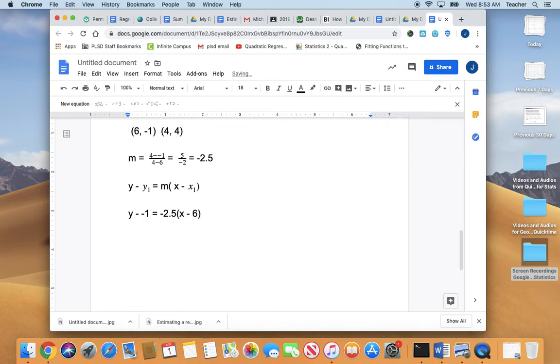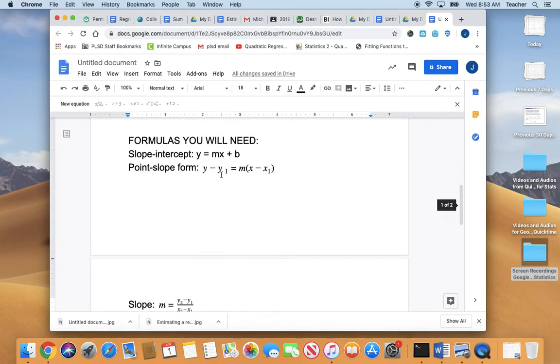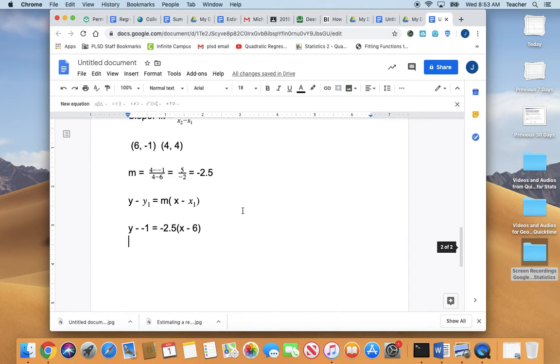which in this case is 6. So the last thing that I want to do here is rewrite this equation so that it is in slope-intercept form. Slope-intercept form is y equals mx plus b. So all I'm going to do is use the distributive property here and move this value over. So I'll show you that.